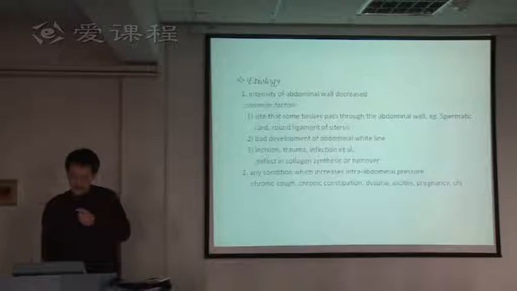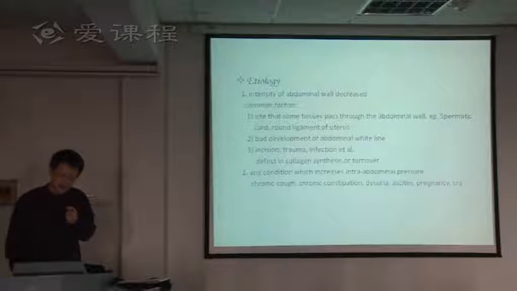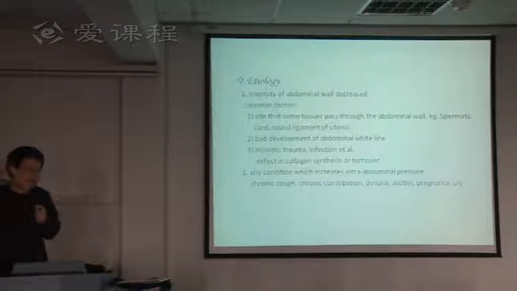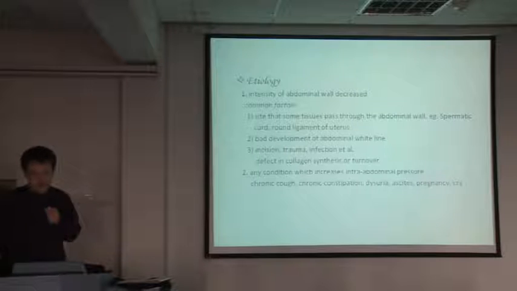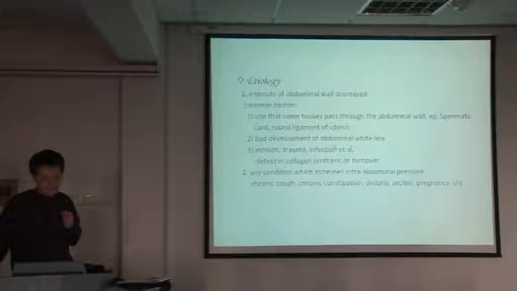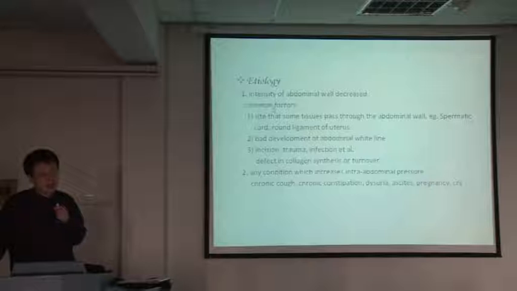And now we turn to etiology. I think we have learned about the anatomy of this region, so we begin to talk about something new. First is the etiology. There are some common factors. I have told you there is a defect in human beings, like in the inguinal region or some other region.